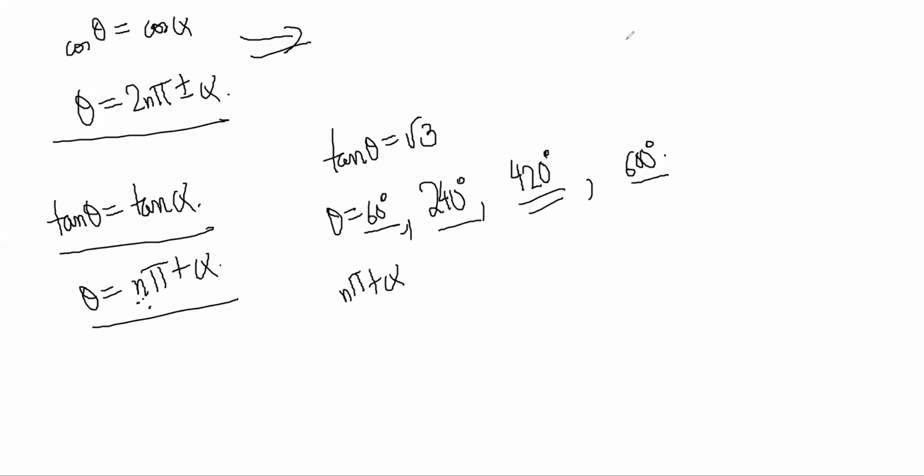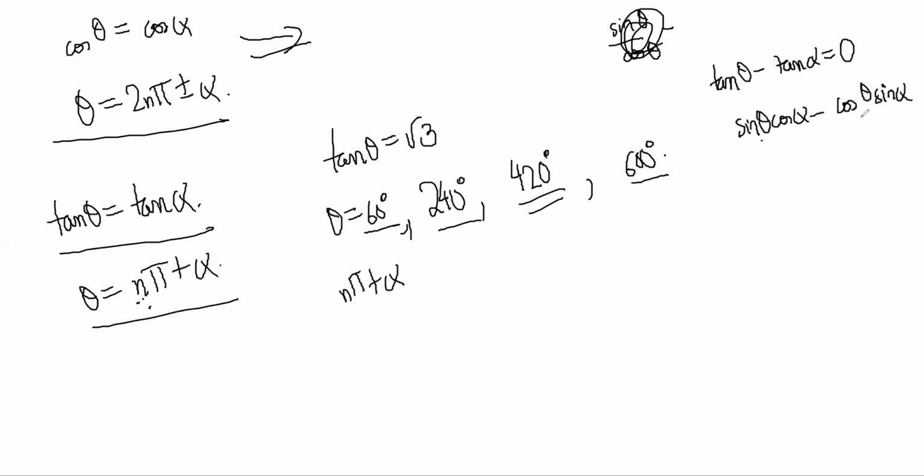You can also say that tan theta minus tan alpha is equal to 0. Sine by cos. So sine theta cos alpha minus cos theta sine alpha by cos theta cos alpha is equal to 0.